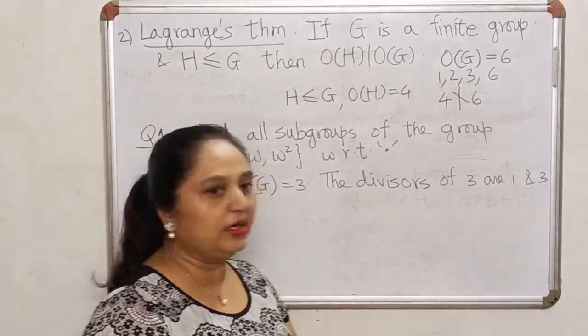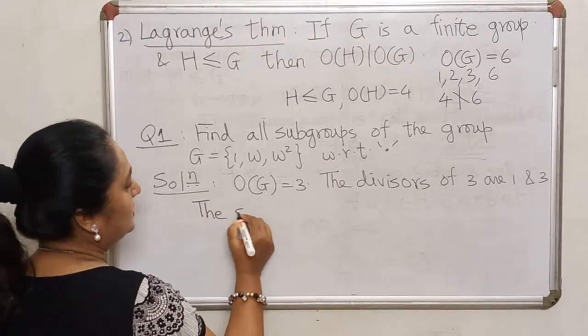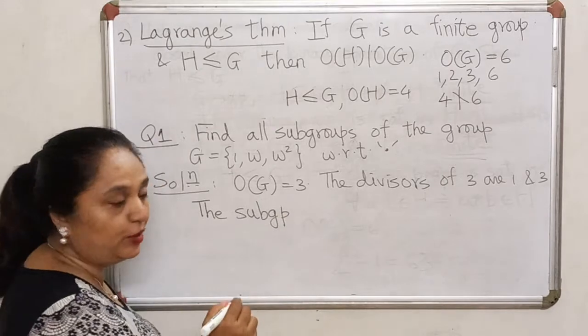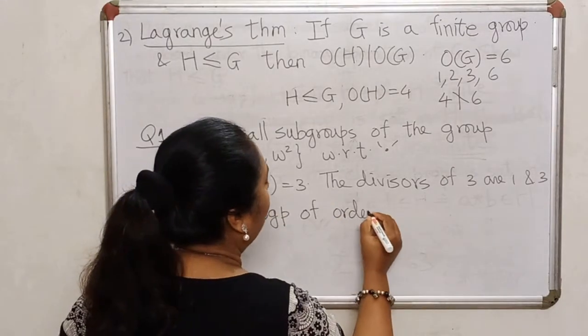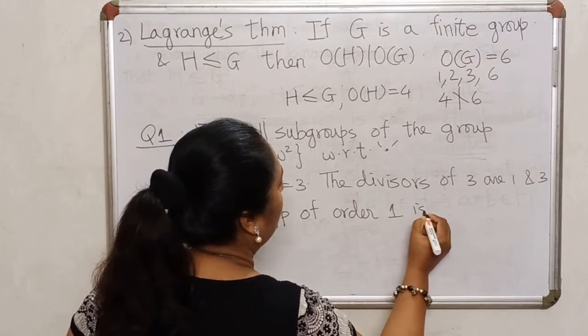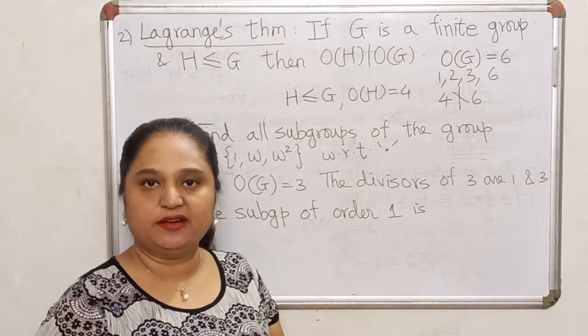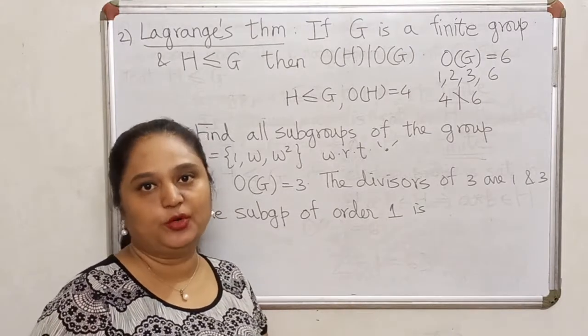So let's first look at a subgroup of order 1. I call it the subgroup because very soon you will realize that this subgroup is going to be unique. Order 1 means I need to have a subset which will contain exactly one element and which will become a subgroup.